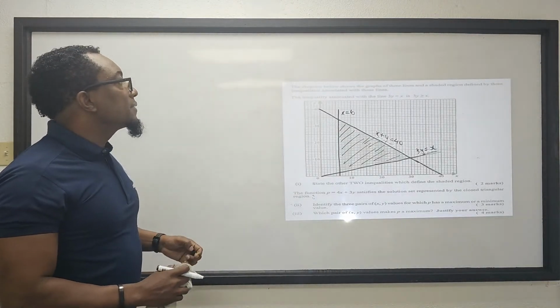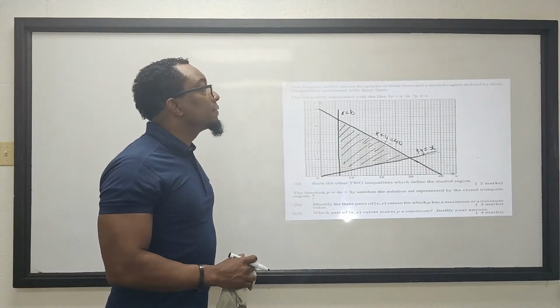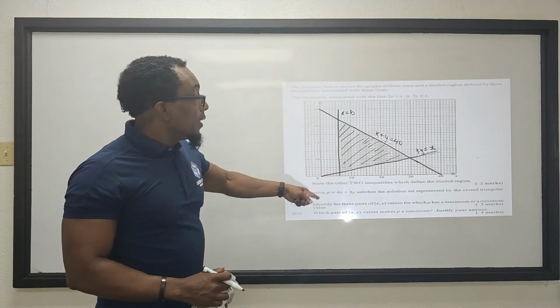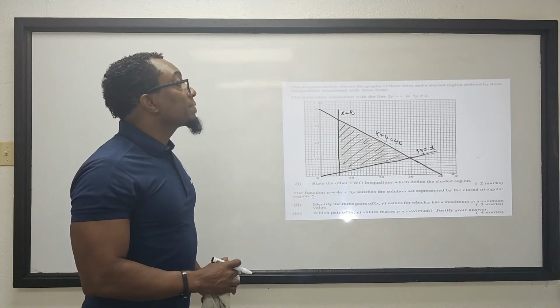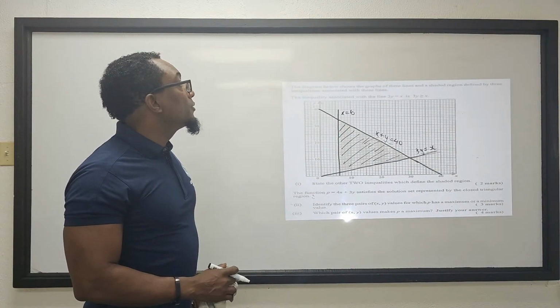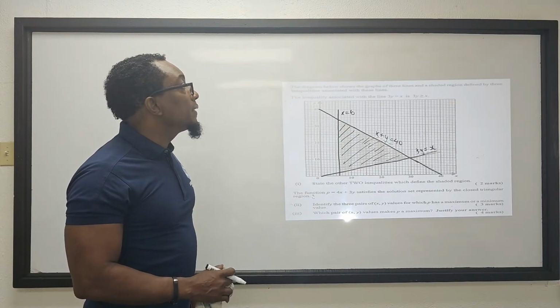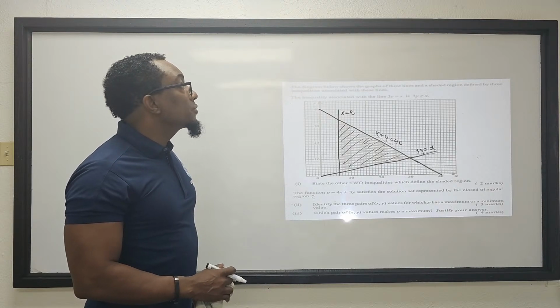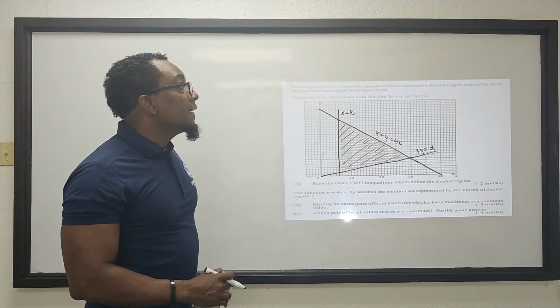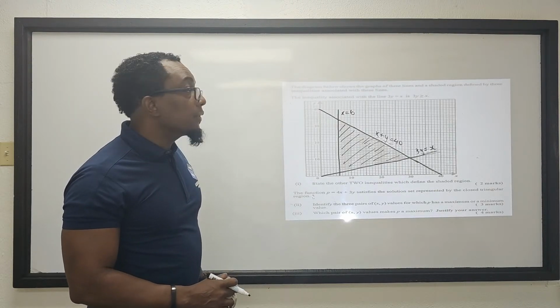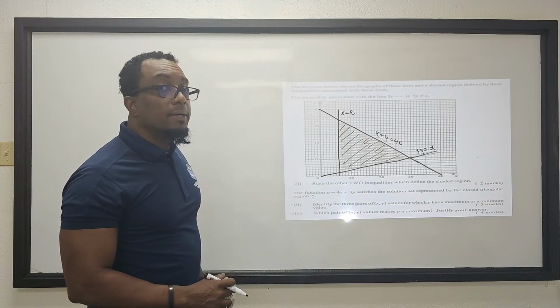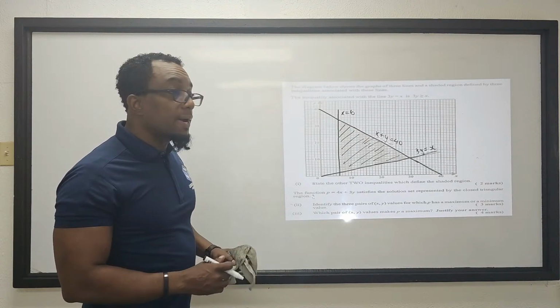So the question says the diagram below shows the graphs of 3 lines, 1, 2, 3, and the shaded region defined by the 3 inequalities associated with these lines. The inequality associated with the line 3y equal to x is 3y greater than or equal to x. Now why is that the case?